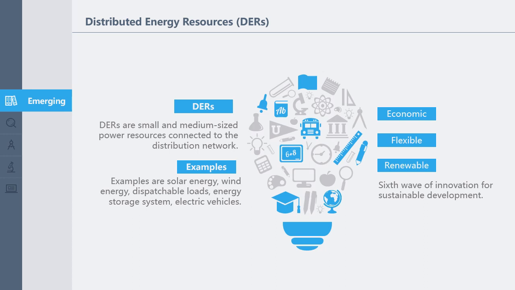This type of energy resource, accompanied by the sixth wave of innovation for sustainable development, has become popular nowadays because of the following characteristics. They are very economic, highly flexible, and renewable. So the efficient utilization of distributed energy resources is very important for the sustainable development of energy.